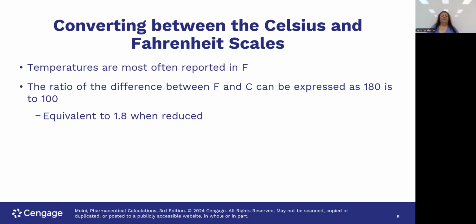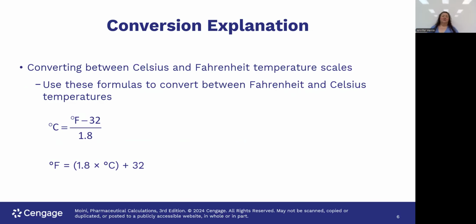The ratio of the difference between Fahrenheit and Celsius can be expressed as 180 is to 100. This is equivalent to 1.8 when it is reduced. Hence the formula. So we have two formulas here for converting between Celsius and Fahrenheit temperature scales.